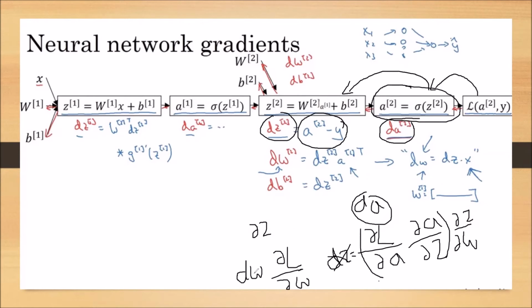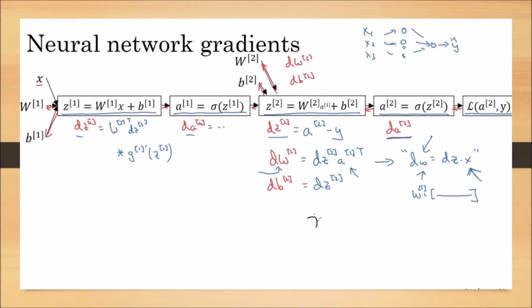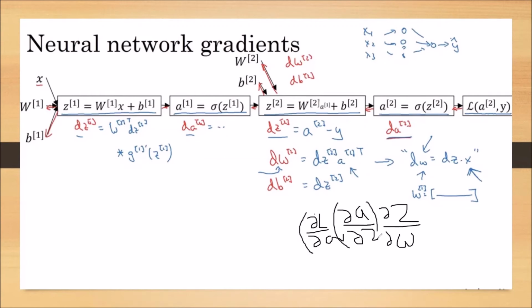And what is dW? Now a product of three terms is coming. dW is nothing but dou L by dou A, dou A by dou Z, and dou Z by dou W. But for our convenience, we take dou L by dou A into dou A by dou Z as dz.